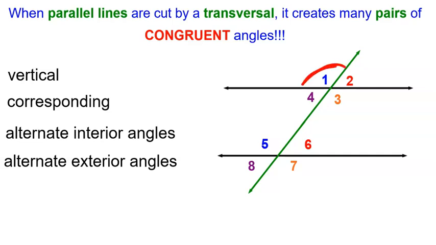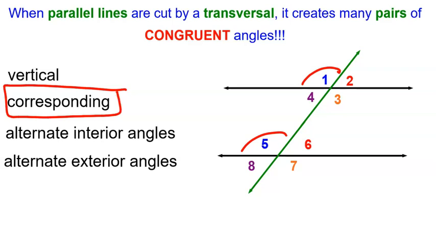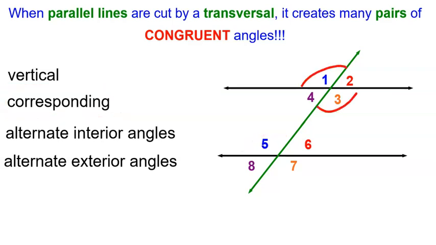Angle 1 is in the upper left, and so is angle 5. And if I translate these angles along the transversal line, they would overlap perfectly. So they are congruent. The reason why angle 1 and 5 are congruent is because they are corresponding. The reason why angle 1 and angle 3 are congruent is because they are vertical.